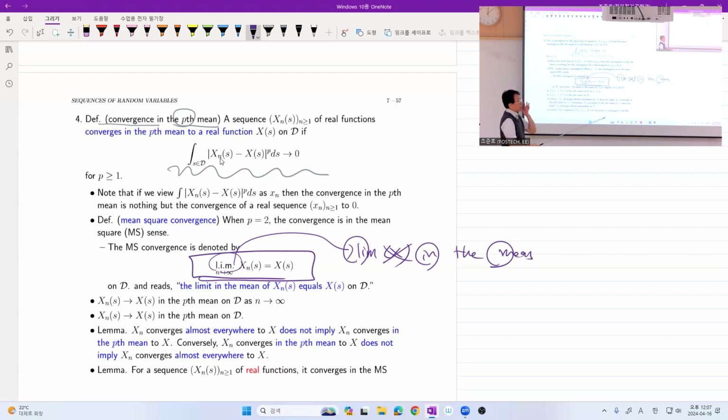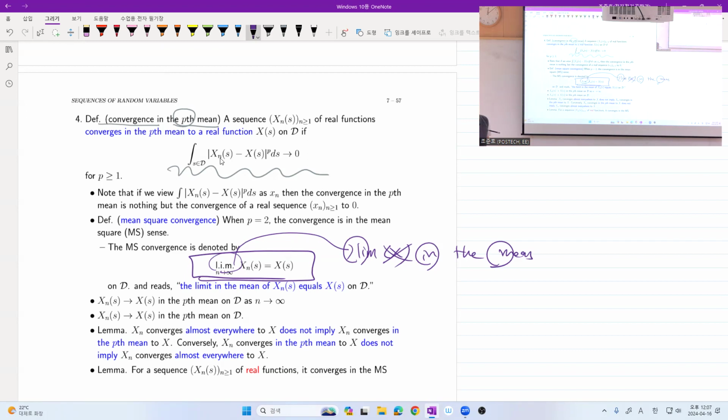Limit in the mean means that the sequence xn converges to the function x in the mean square sense, or in the second mean. So we just use this definition with p equals 2. Got it? So mean square convergence may be a good choice for engineers when we are concerned with the energy that could change something at the other side of the circuit. Got it?